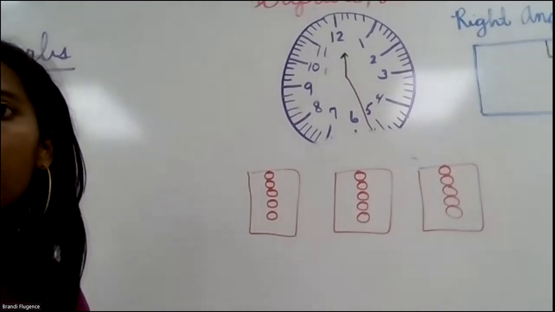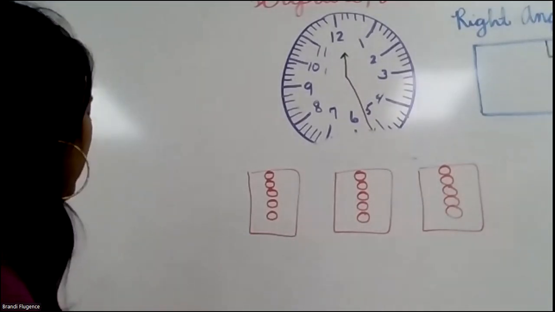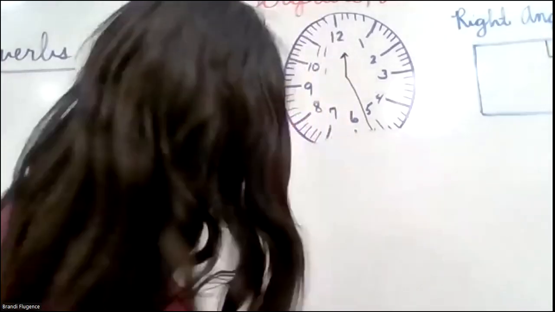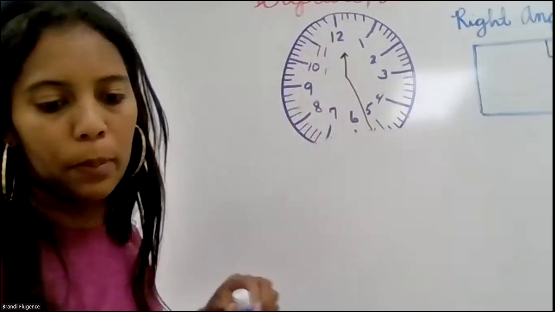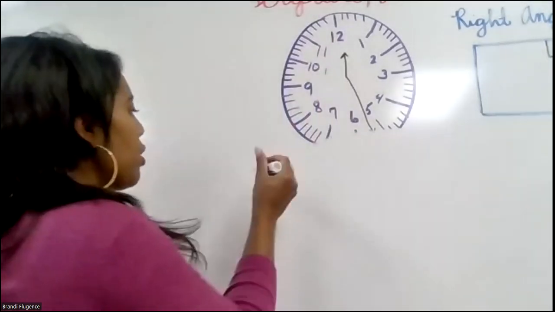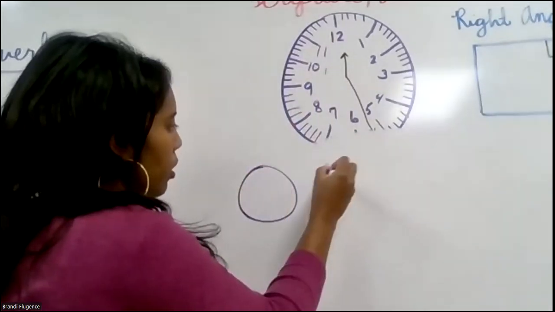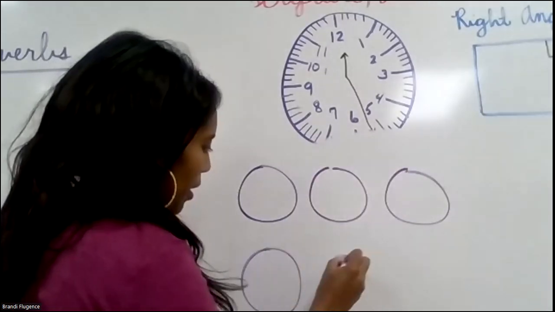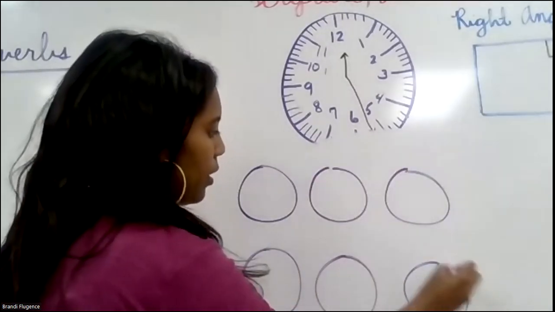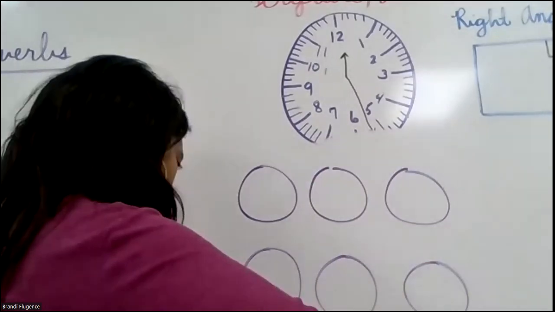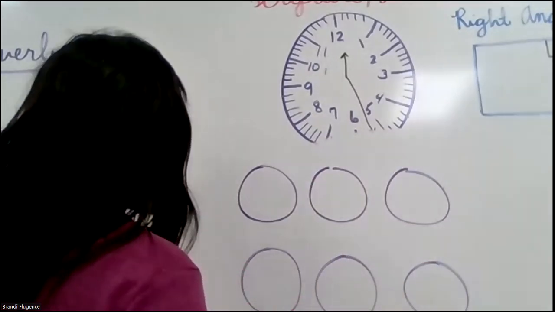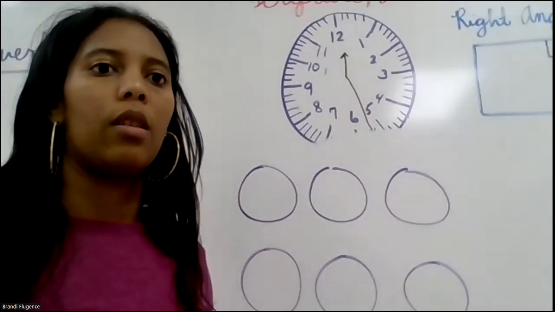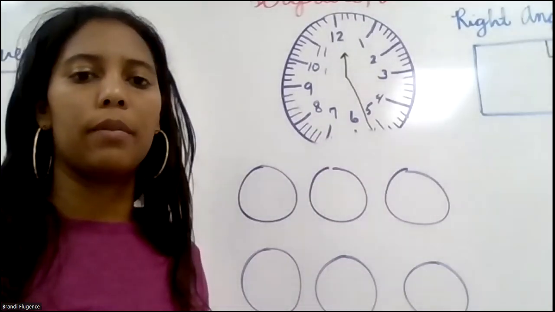All right, let's look at number 3. So we have 6 plates. 6 plates. Go ahead and draw our plates. 1, 2, 3, 4, 5, 6. Six plates.